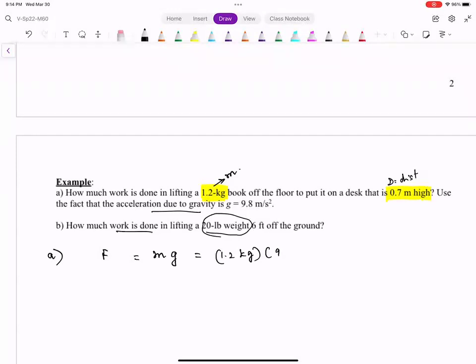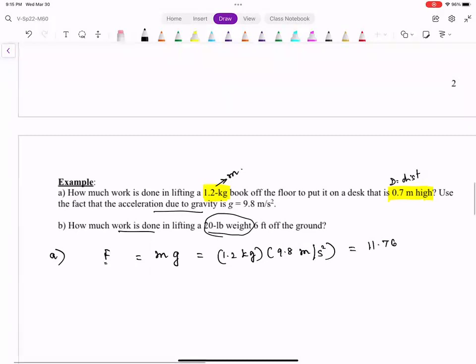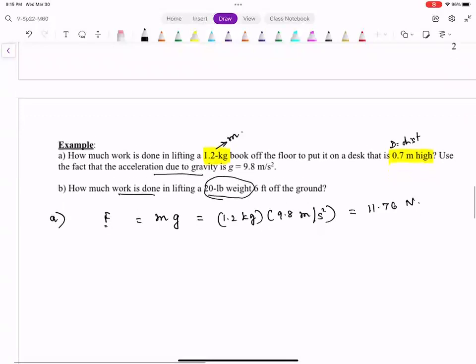Acceleration is 9.8 meters per second square. So 1.2 times 9.8 is 11.76 kg times meter per second square. The unit for force when the system is in meter and kilogram is Newton. So that much Newton. This is just the force.